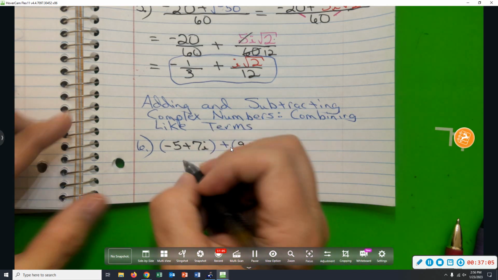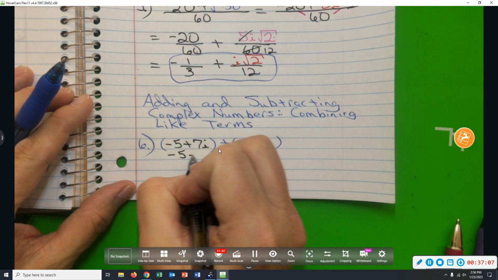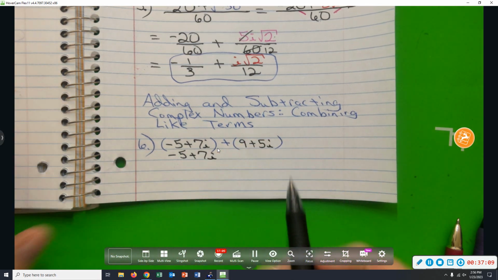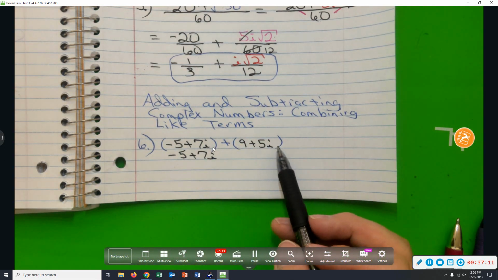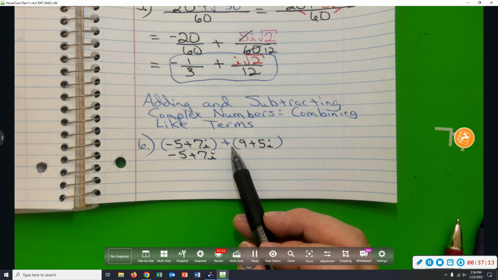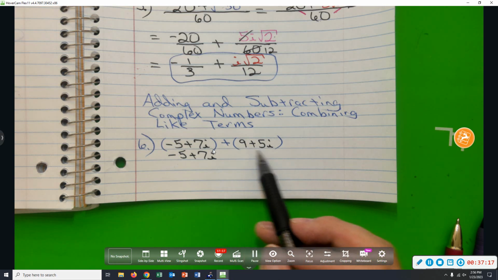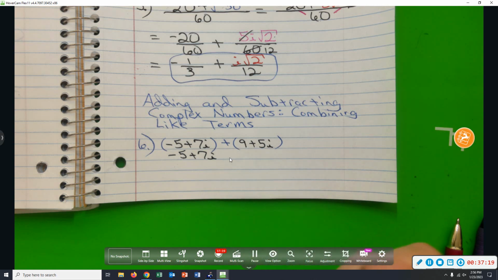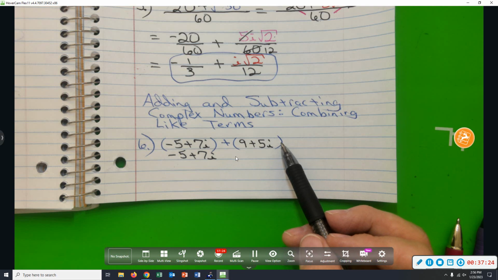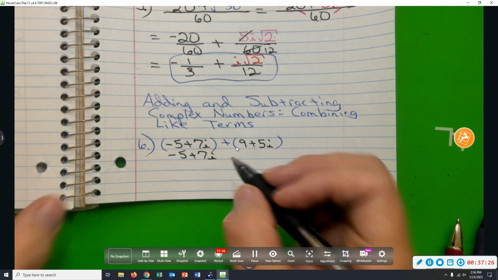You just drop them. -5 plus 7i. The second set of parentheses, I don't see anything in front there. That's just like a +1. Distributing through a +1, would that change anything? No, it's another unnecessary set of parentheses. So just drop them.